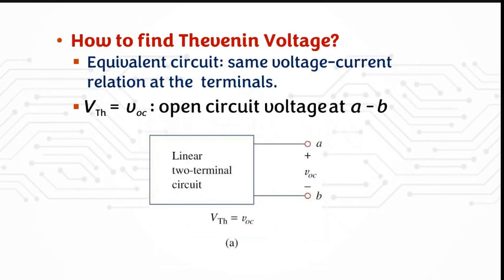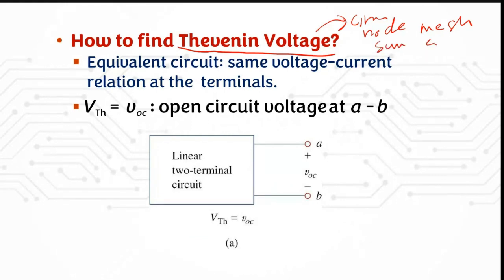To calculate this Thevenin voltage, you need to look back at the techniques you have learned in circuit analysis: node, mesh, superposition, source transformation, series and parallel resistors, and Ohm's law. You can use all those techniques to calculate your Thevenin voltage.